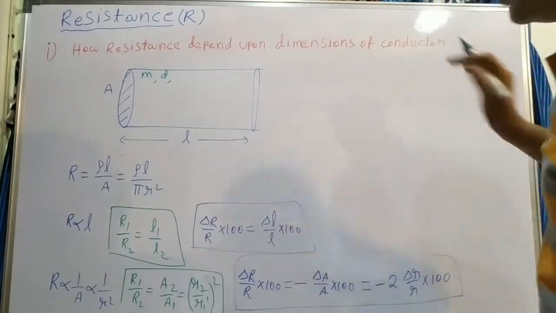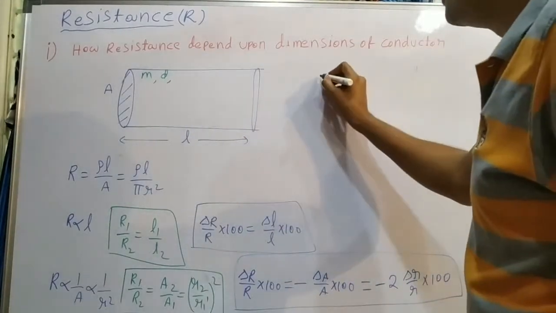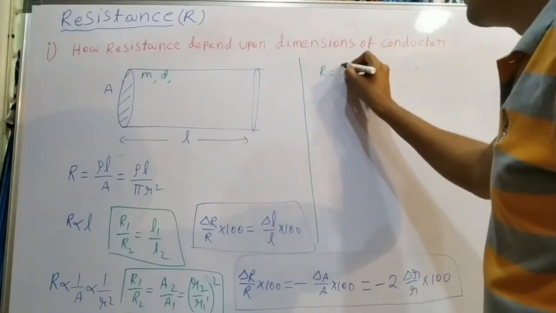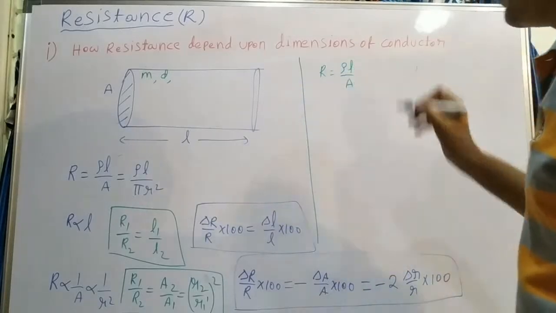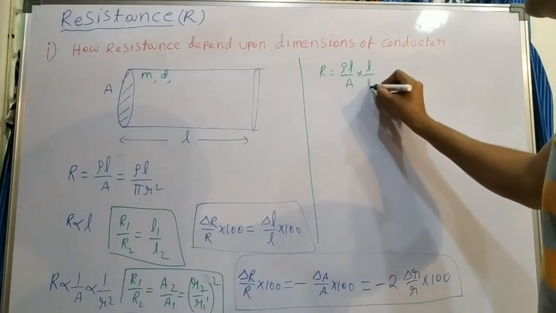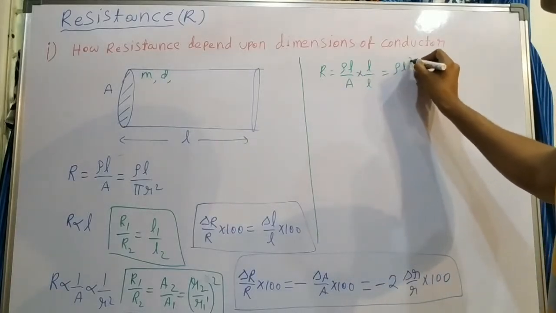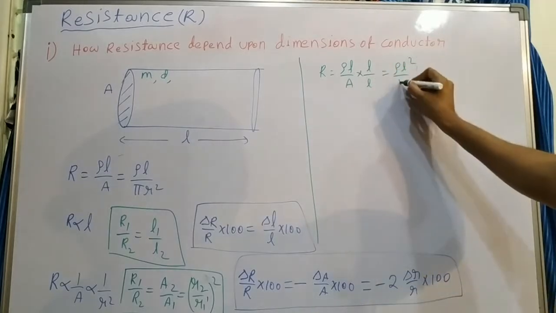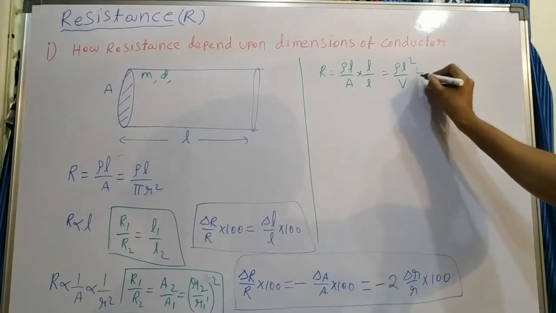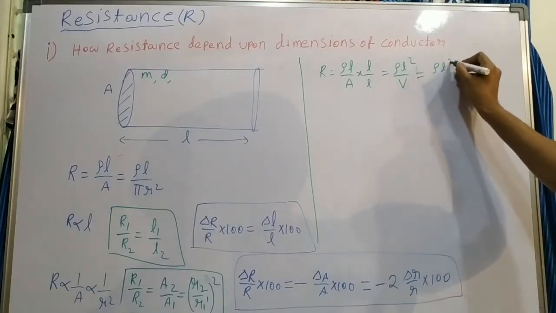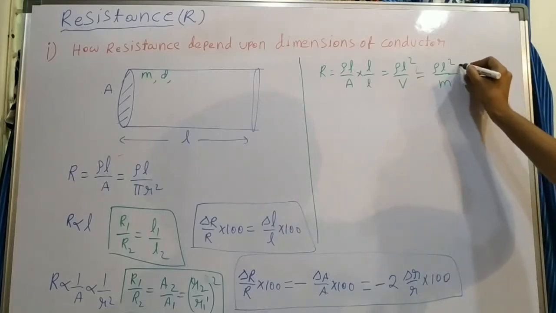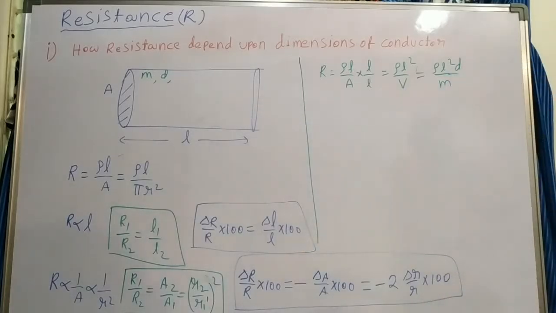Suppose it is stretched. The resistance formula is R equals rho L by A. Here we can multiply and divide with L, so we get rho L squared by area into length, and area into length is volume. Volume we can write as mass by density, so R equals rho L squared times density by mass.